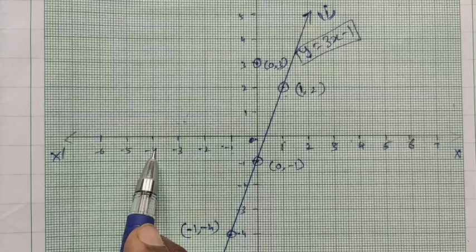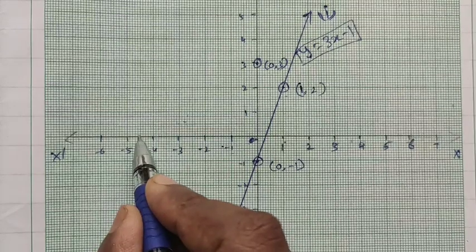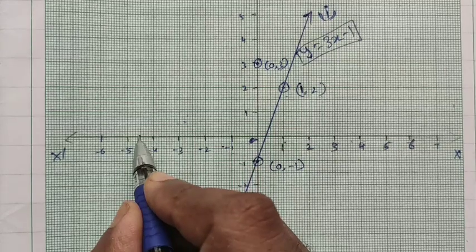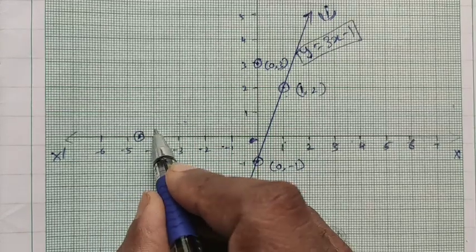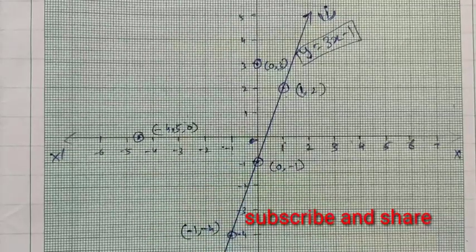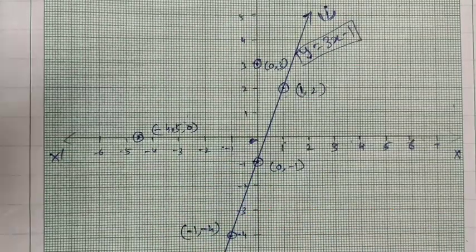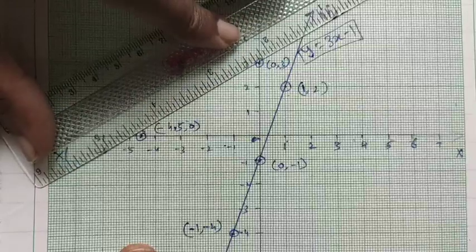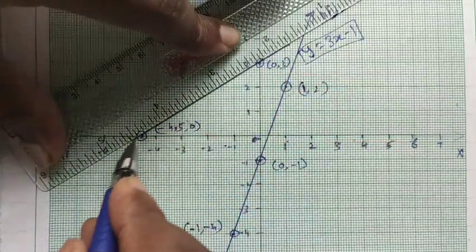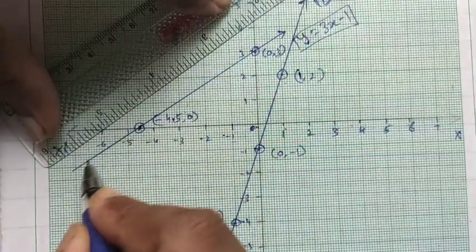Here the x-coordinate is -4.5 and the y-coordinate is 0, so the point lies on the x-axis. This is the point (-4.5, 0). Now we have to draw the line for these 2 points. If you draw the line like this, it can be extended to whichever level we need, right?